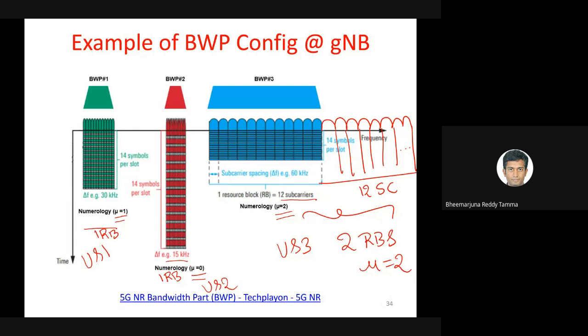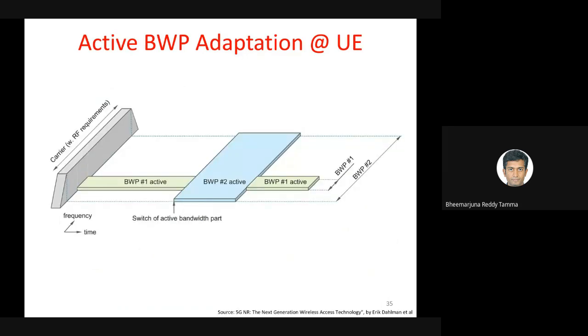The point I was trying to say is that this is a simple example showing only 12 subcarriers for each of the bandwidth parts in the frequency domain, but in practice, we'll have multiple such resource blocks allocated for each bandwidth part. And this example is talking about how a given user can dynamically choose one of the configured bandwidth parts.